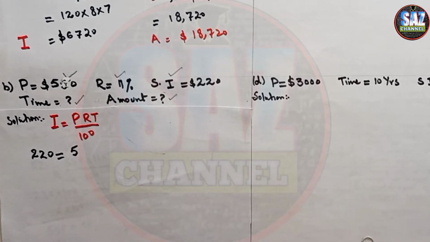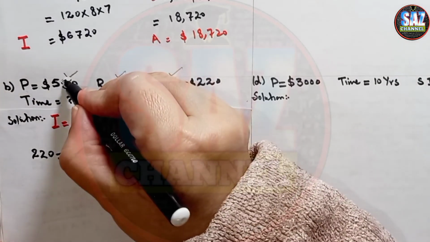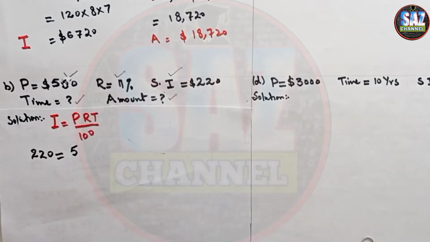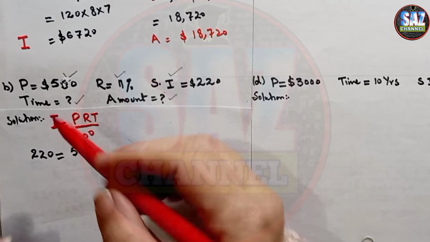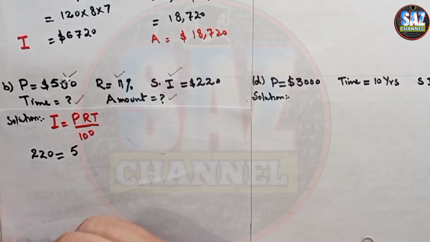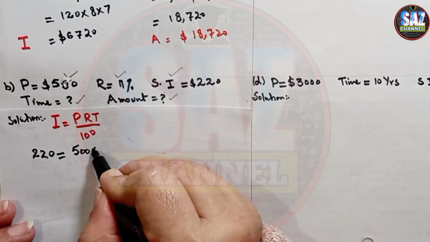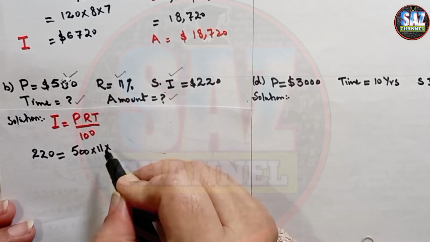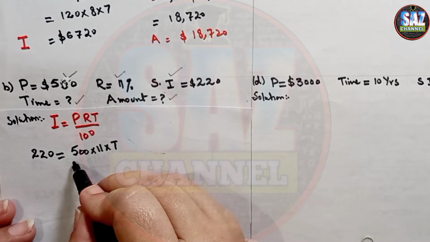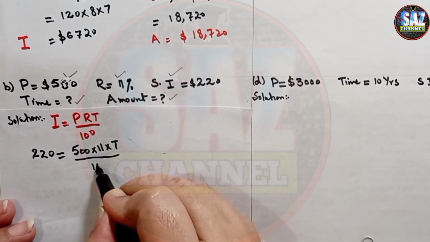Let me make it more clear, this is 500. Rate is 11%. Time is not given, and we have 100 in the denominator.